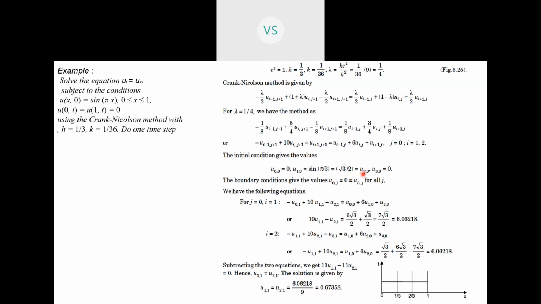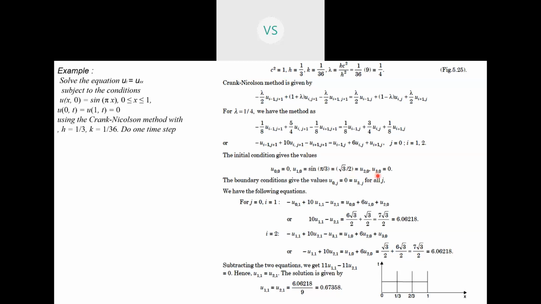Then you have to find u20. What is u20? U pi into 2 by 3, that will be u20. So the value is coming the same as under root 3 by 2.